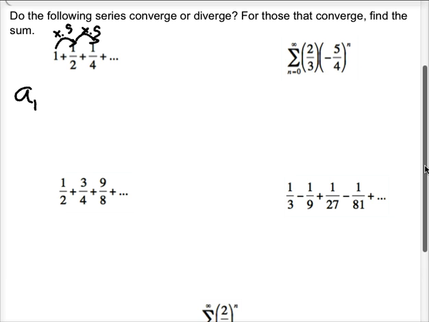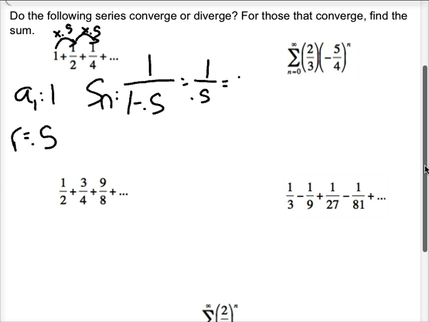So we have an A1 of 1 and our rate is 0.5. So that is going to have a converging series. So let's plug it into the converging series formula. A1 on top, so 1, over 1 minus R. 1 minus 0.5 just gives you 2.